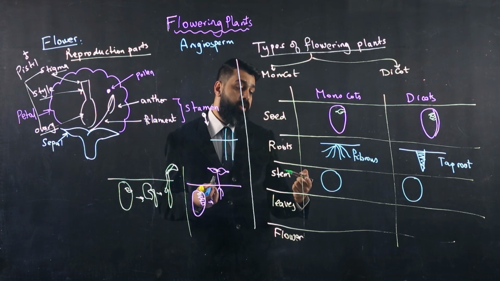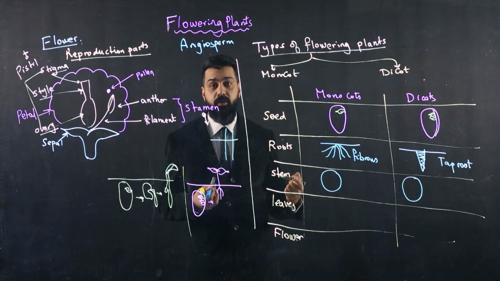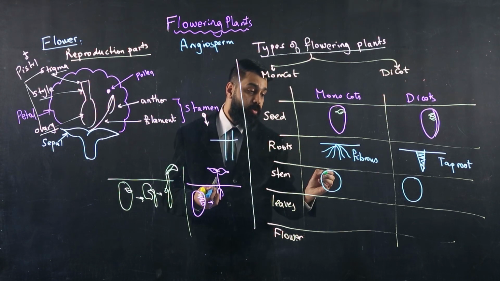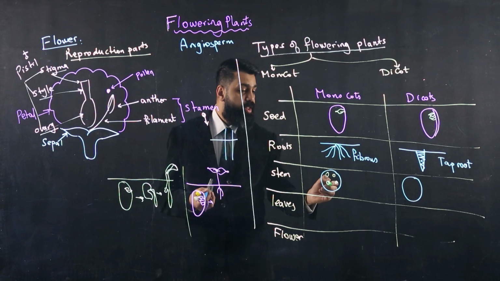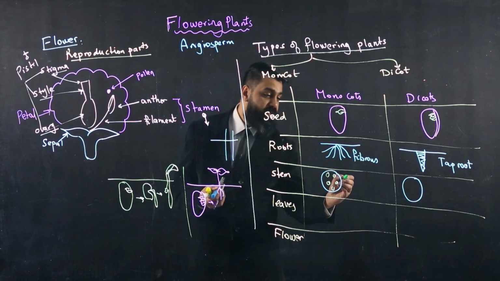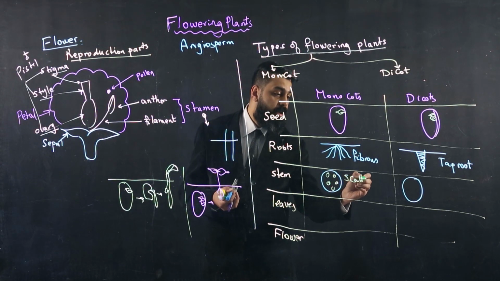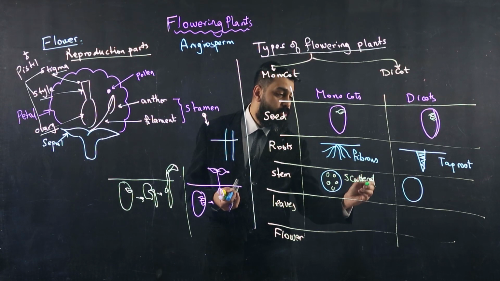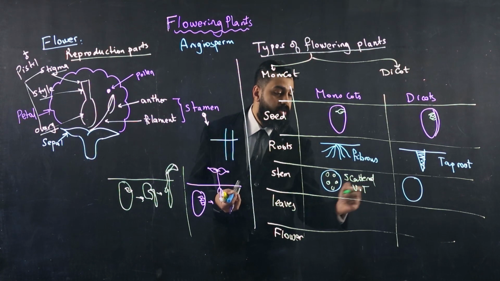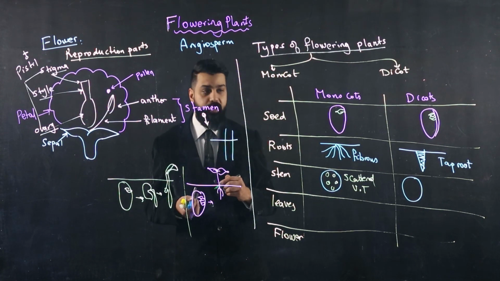If we look at the arrangement of these vascular tissues inside the stem of the monocot, we will find them scattered with no regular pattern, called scattered vascular tissue. The scattered vascular tissue indicates that this plant is a monocot.